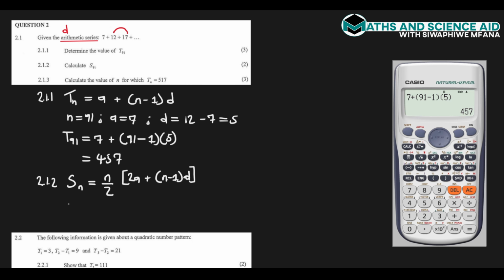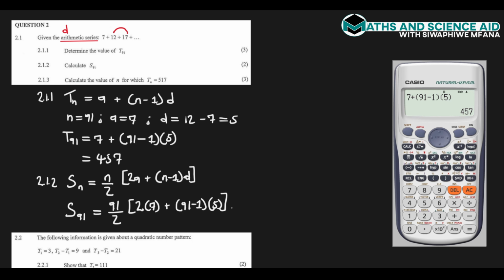This is straightforward because we want the sum of the first 91 terms, so n = 91. The value of a is still 7 because we are working with the same series, and d is still equal to 5.